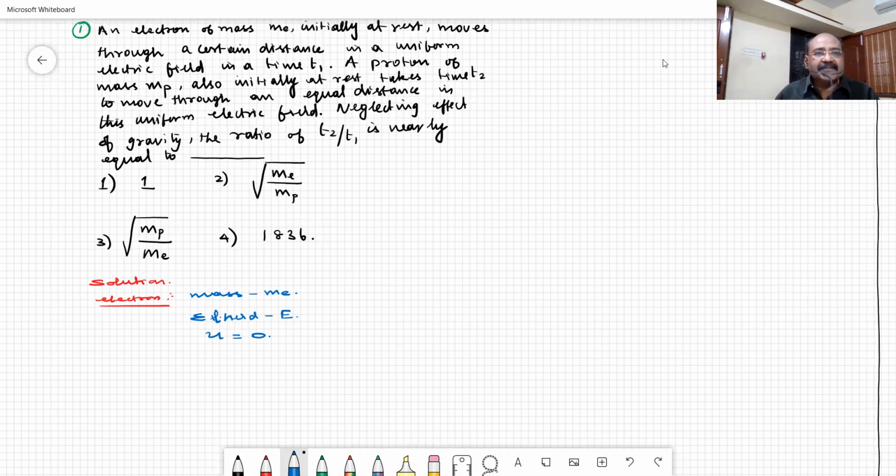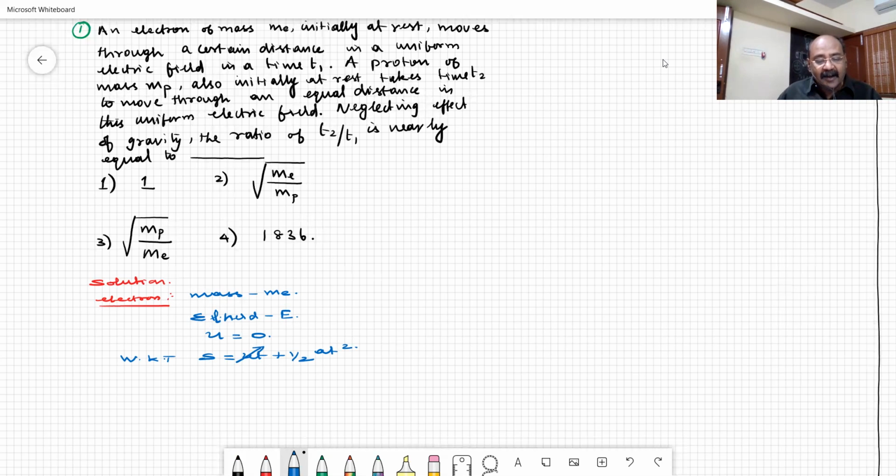What is asked: neglecting gravity, the ratio of times is to be found. When an electron is moving through a certain distance in a uniform electrical field, we calculate the distance moved. We know that S is equal to ut plus half into at square. Since it is initially at rest, u becomes 0, so this term will become 0.